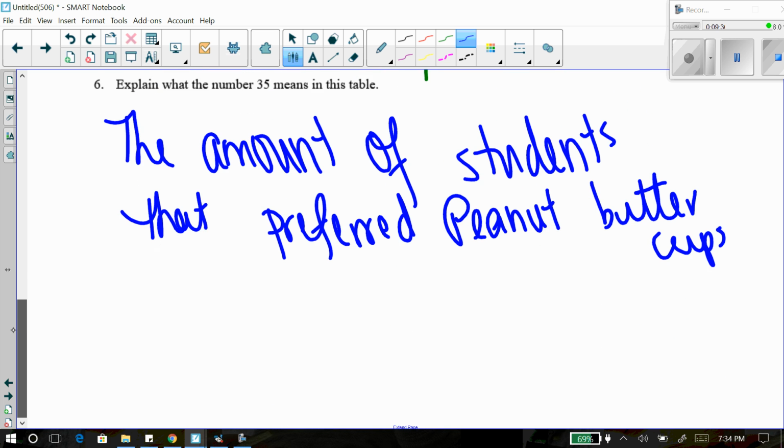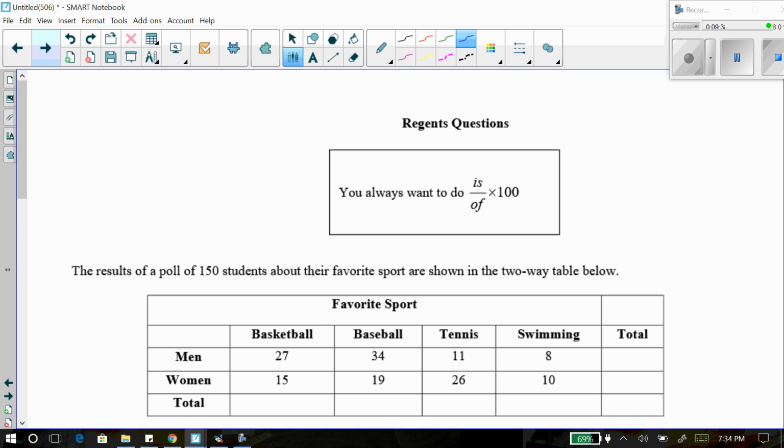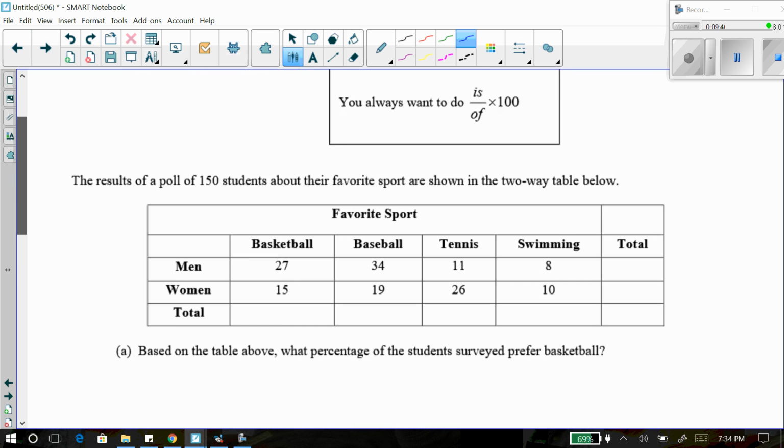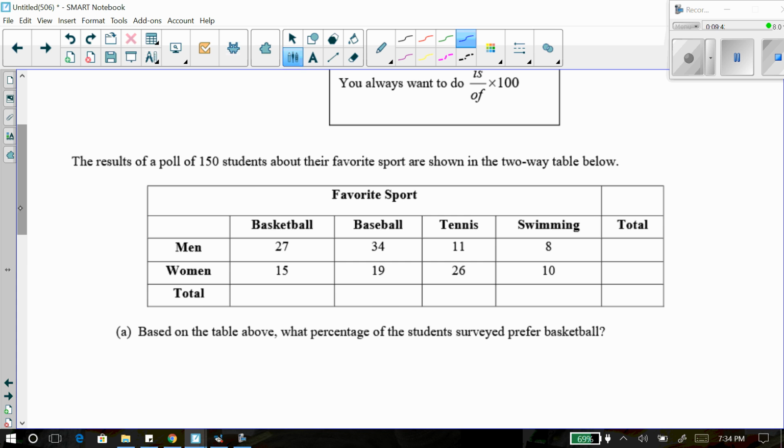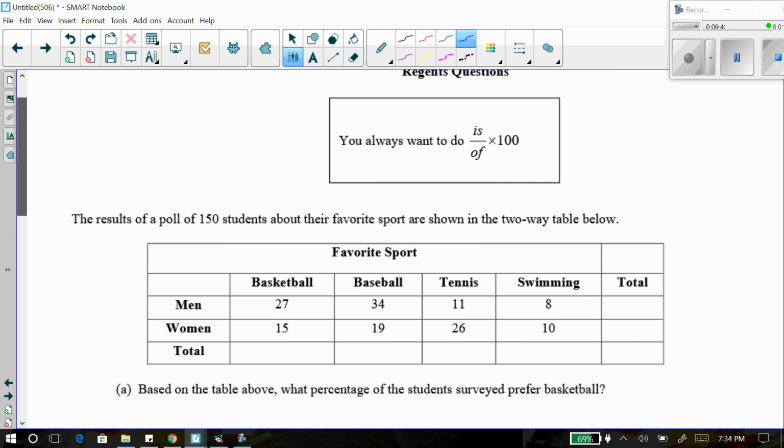All right, let's move on to our next set of data here. Oh boy, okay, we've got to fill out this table too. So we know there's 150 students in this survey, and they were asked to tell us what their favorite sport is. So let's add across, not diagonals, the rows and the columns.